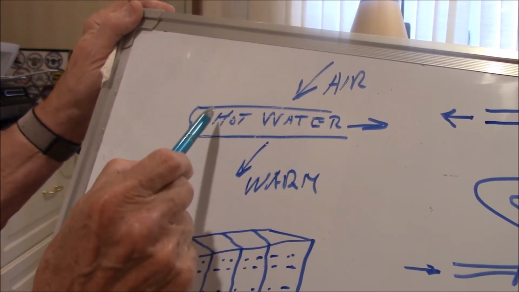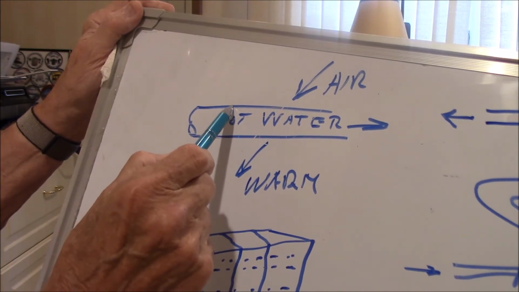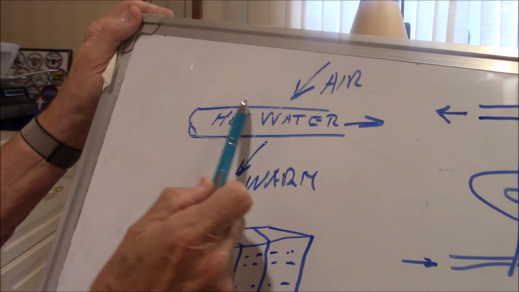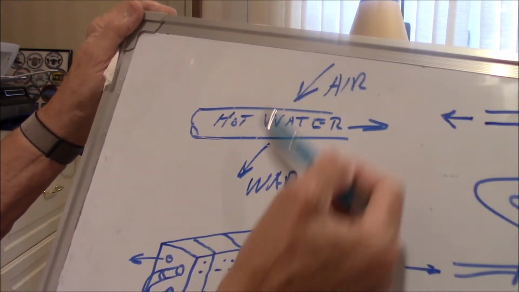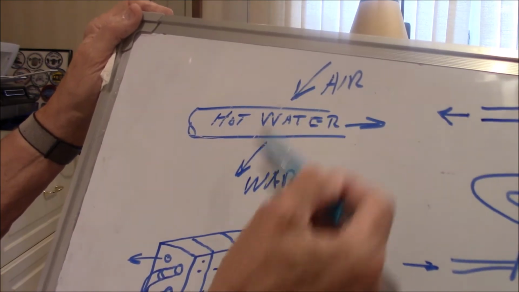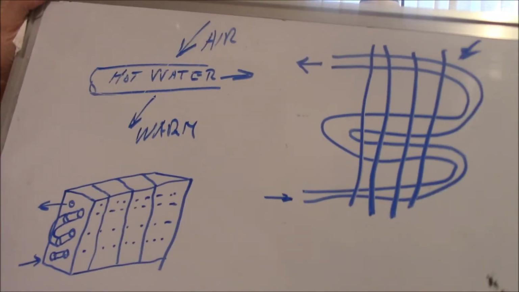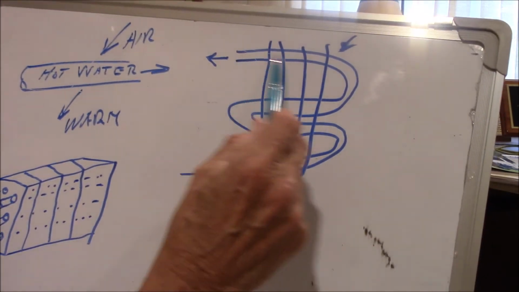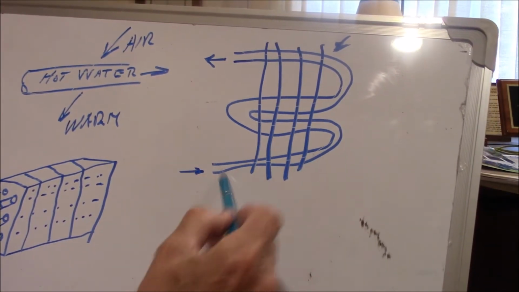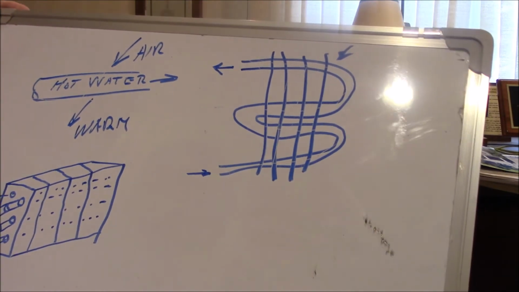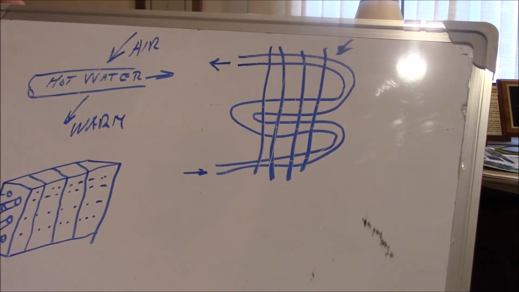Then the heat goes from the water to the tube to the fin, and then the fin's got a lot of surface area, so the air picks up a lot of heat from that. So it's a fin and tube heat exchanger. Now if you take that tube and you make it very long and you put a series of fins through it, you've got a much more effective heat exchanger.